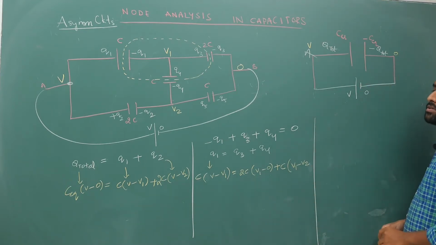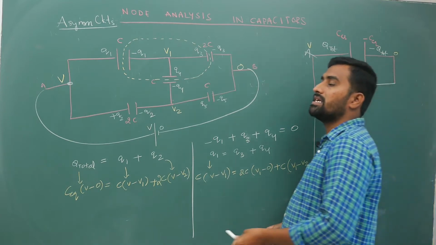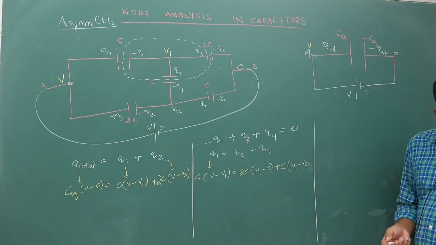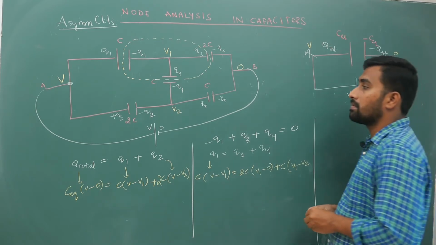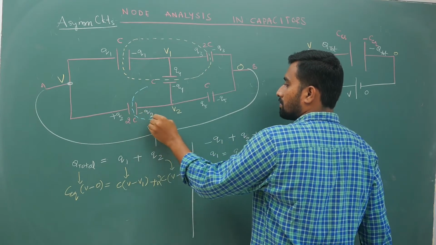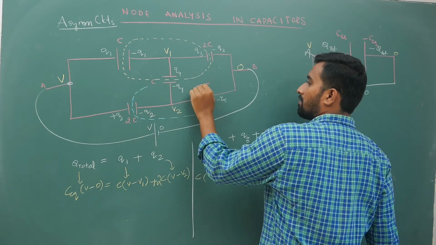Getting my point? So your charge Q is C times potential difference. Okay, next, coming to this part.